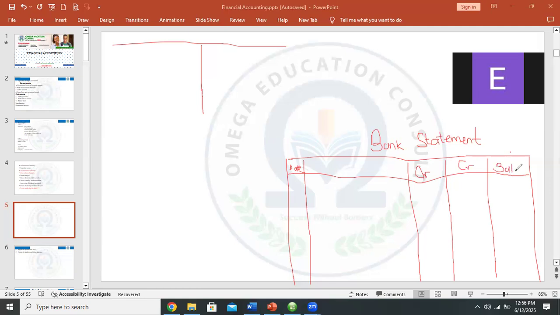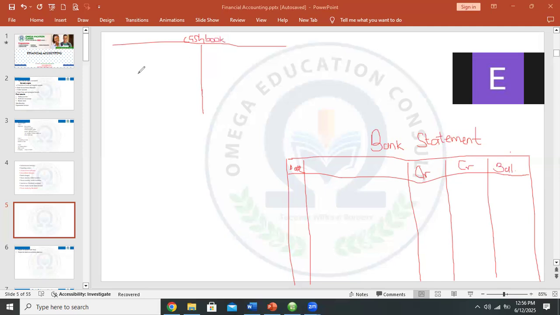Okay. And then this is your cash book. As we all know, this is the debit side, and this is the credit side. Now, last time I did something. I told you the cash book has this side as the receipt side. Let me put the title there.